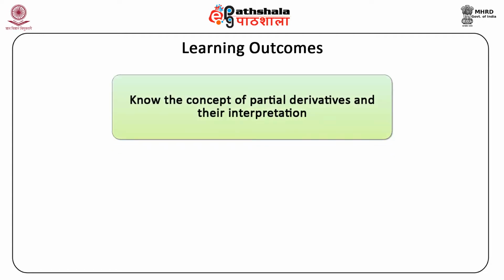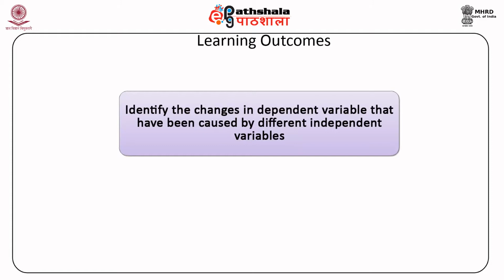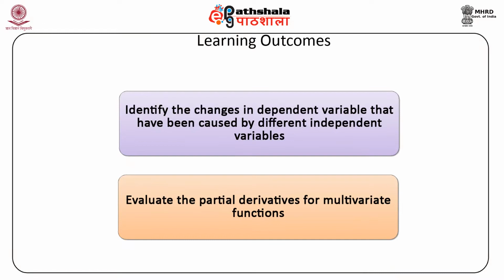their interpretation. Learn finding the partials of higher order. Identify the changes in the dependent variable that have been caused by changes in different independent variables. Evaluate the partial derivatives for multivariate functions.